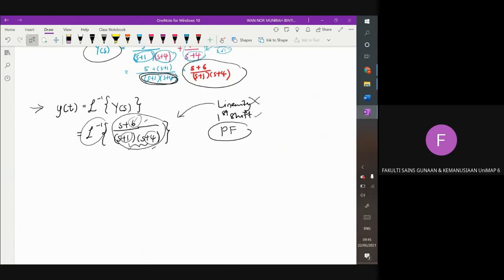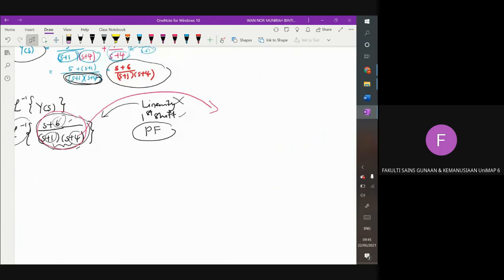So, as I told you in class, in order to apply the partial fraction, I will always do it outside of my main calculation, because I just want to focus on partial fraction. I have s plus 6 over s plus 1, s plus 4 equals, this one is linear and this one is also linear, so these are distinct linear factors. So we have A over s plus 1 plus B over s plus 4.